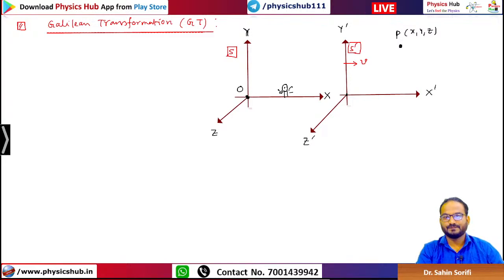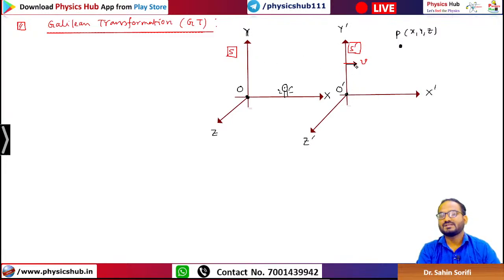Let's say this is O, and now it is O prime. So these two reference frames were coinciding here. At t equals 0, let's say both frames are coinciding. Now this S prime frame has started to move with constant speed V. This is the picture at time t.